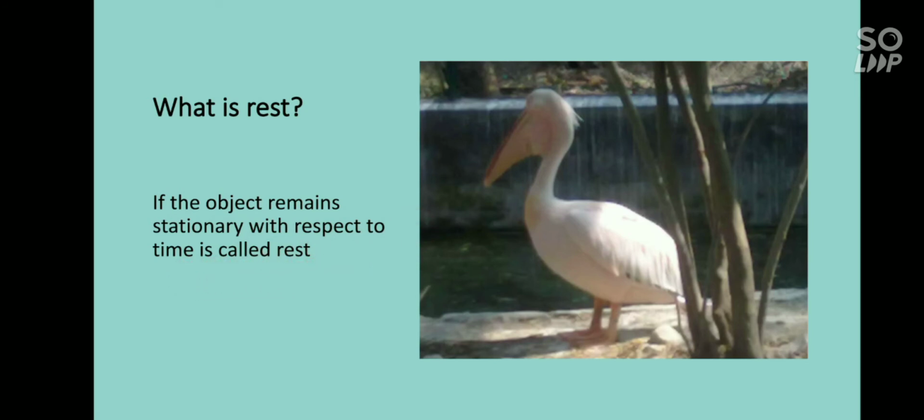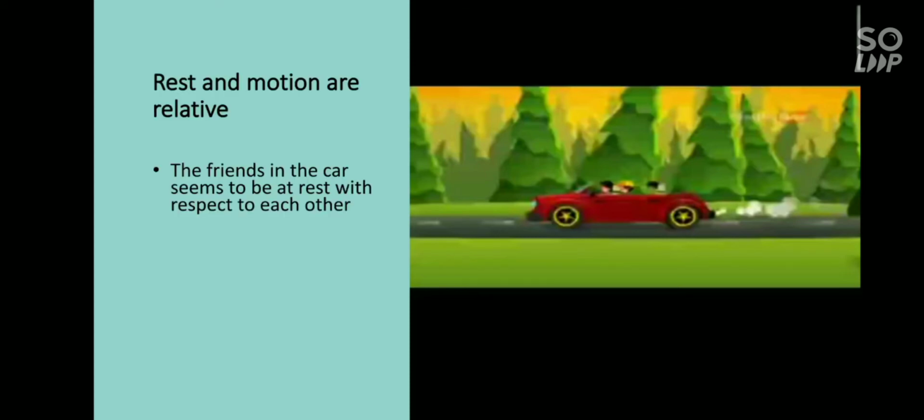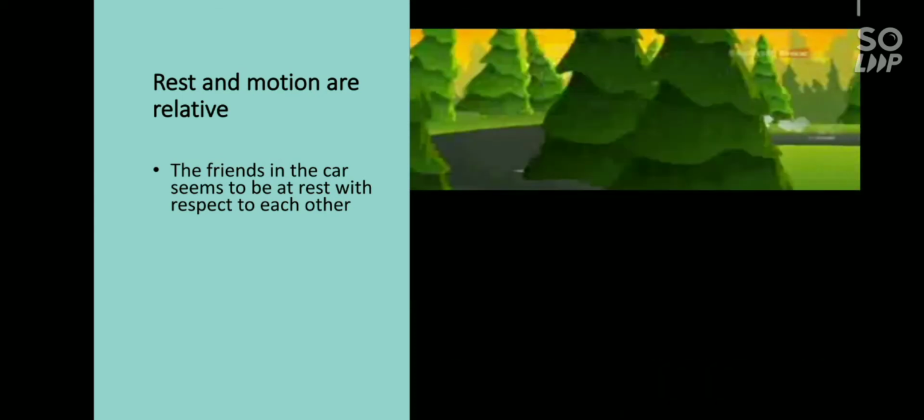By looking at the definitions, we come to know that motion and rest are relative to each other. How are they relative to each other? Let's see. Look at this car picture here. The friends are sitting inside the car and they are moving.